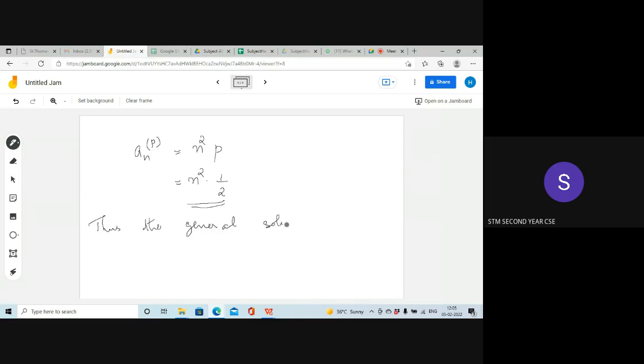Thus, the general solution is an is equal to an of h plus an of p. That is equal to, we have found out an of h as c1 plus c2 n, into 1 raised to n, plus, what is an of p? An of p we have found out now, that is n square into 1 by 2.